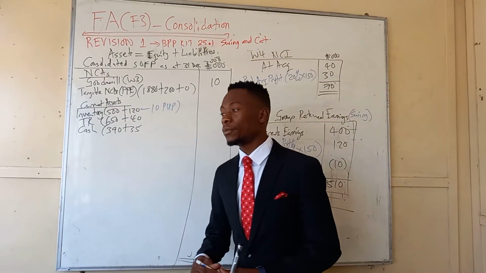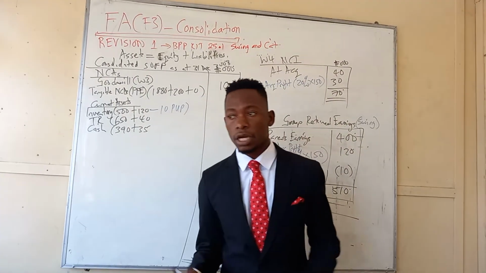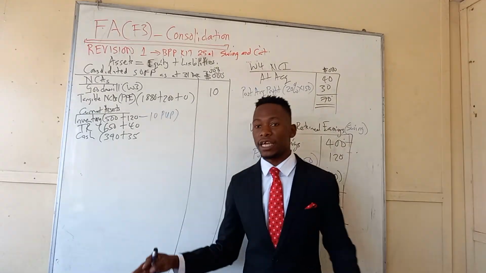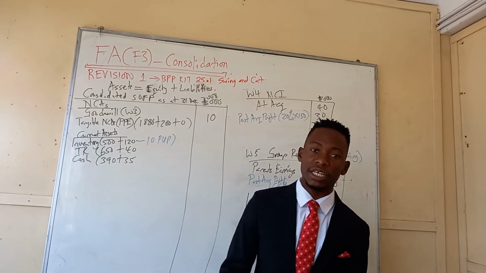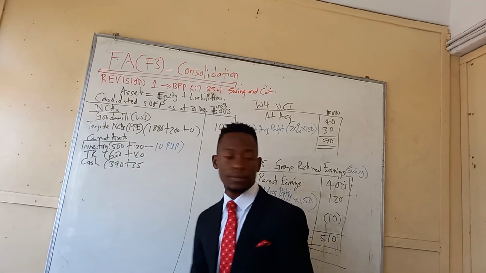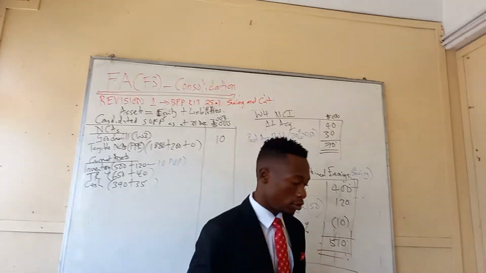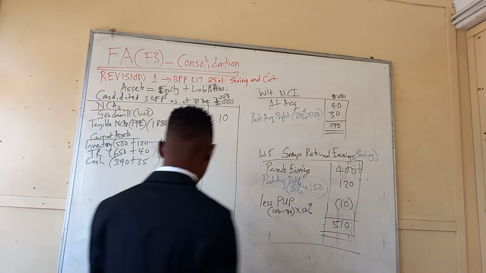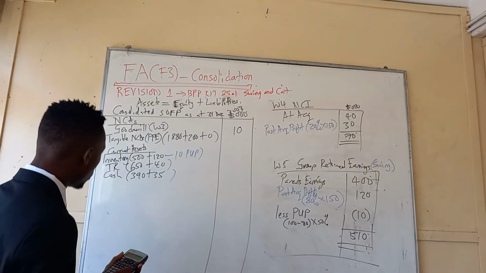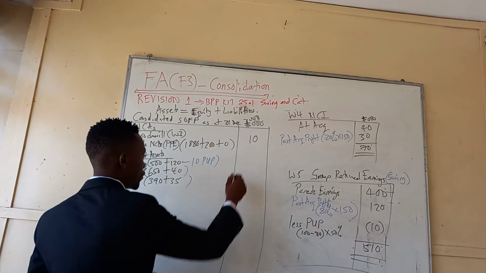On trade receivables, if they owe each other, you must eliminate again. Remember, we want to eliminate any intra-group transaction. So currently, on this question we don't have. So you close off, then you sum up. We have 610 here.